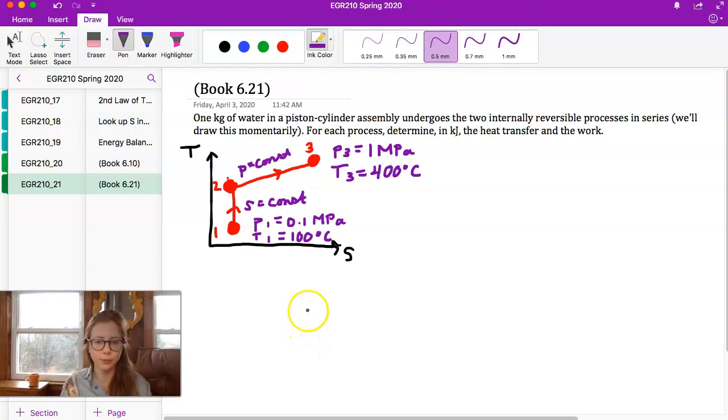And so we're given that this is going to be water in a piston cylinder. Let's give this a little draw. So this is H2O, and we have 1 kilogram.